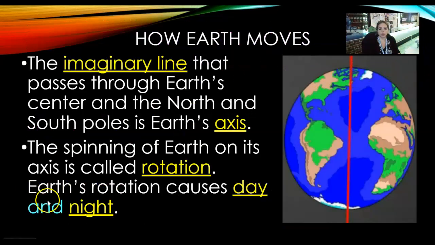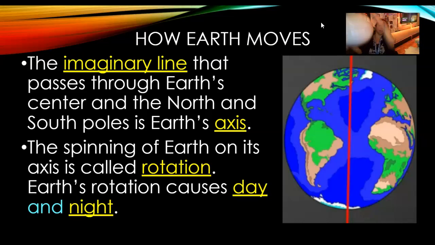All right, let's start looking at how the Earth moves. The north to the south pole, that imaginary line is called an axis. If you've ever seen a globe, you usually see one end right there, the other end down here, north and south pole.